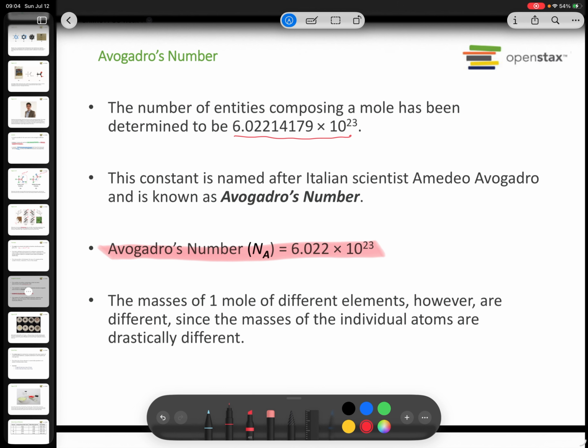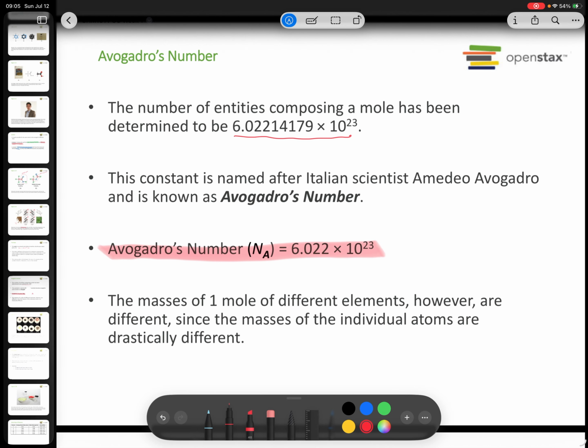So, 1 mole of carbon atoms and 1 mole of sodium atoms contain the same number of atoms, okay? So, however, their masses are different because carbon atoms and sodium atoms have different atomic mass, no? So, 1 mole always means the same number of particles, pero hindi siya necessarily same yung mass.